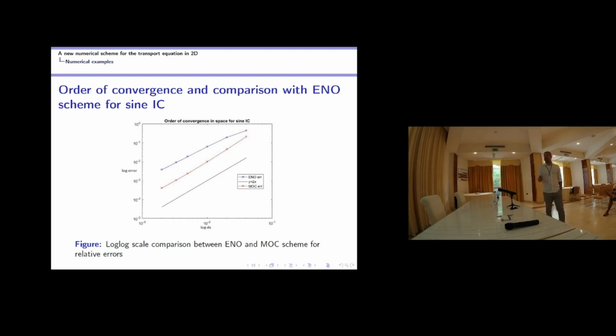The blue line is for the ENO scheme, the red one is for the MOG scheme, and this is log-log scale. This one is y equal to 2x. So if it's of order 2, it has to be parallel to this one. We see that our error is smaller than for the ENO scheme, and we can see that it is almost parallel to this one, so that means that we have second order of accuracy.